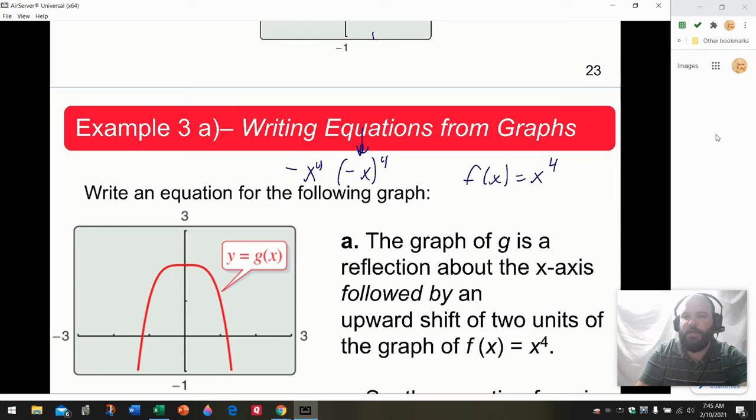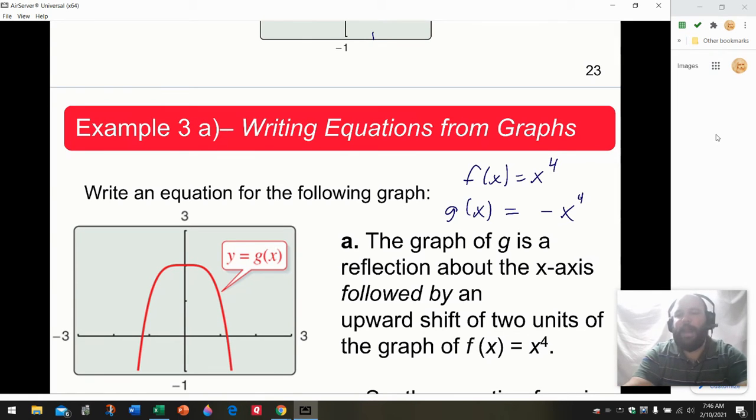The negative would go away, and you would end up getting the exact same graph. So what we are going to go with is the negative on the outside. This is the correct one for the reflection that you see. We know our parent function f of x is x to the fourth, so g of x, we're going to start by writing negative x to the fourth.